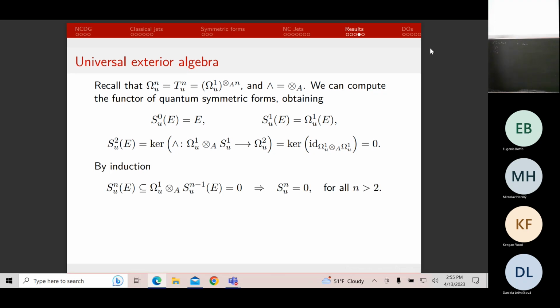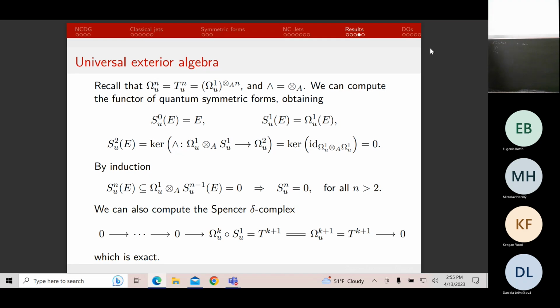And for higher degrees, well, we know that Sn is inside of Omega 1 tensor Sn minus 1, and this is already 0. So higher Sn are also 0. Again, we see how the information given by the universal exterior algebra is very limited. But still, we can build this exterior algebra with these functors, and we can build the Spencer delta functors, and it turns out to be exact.